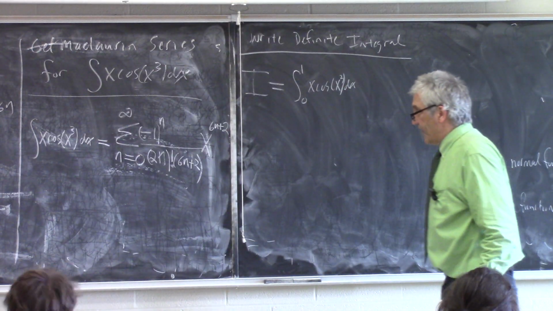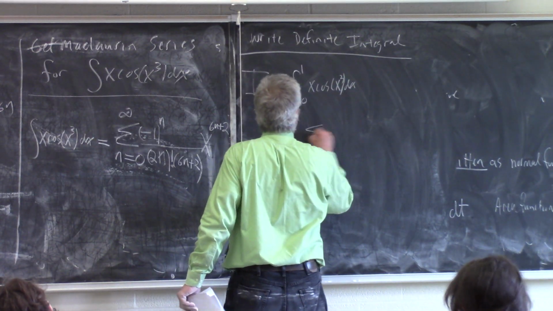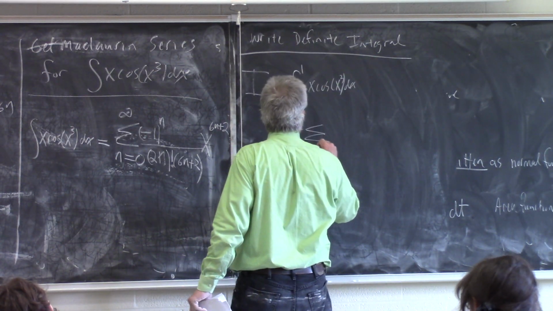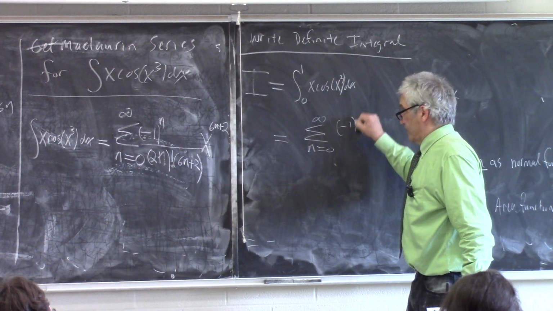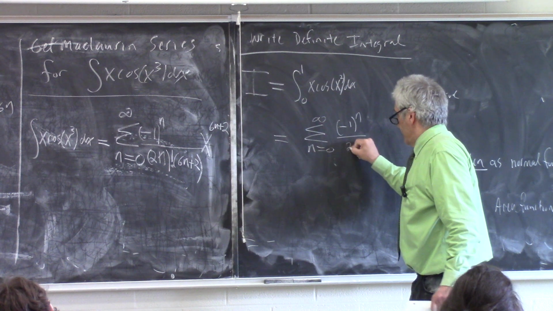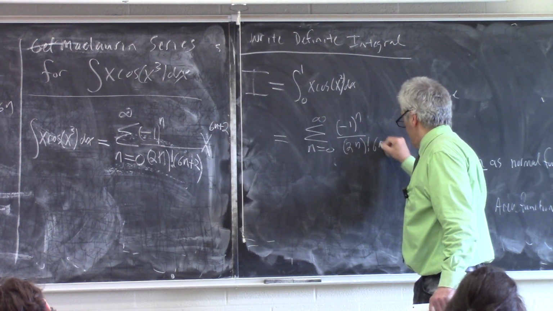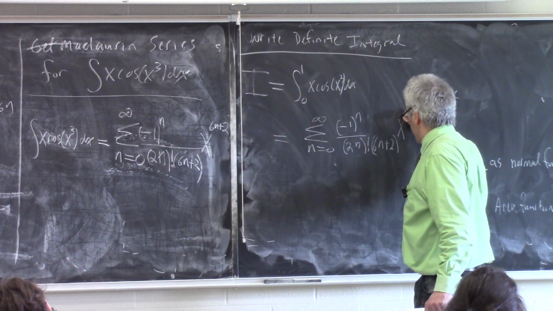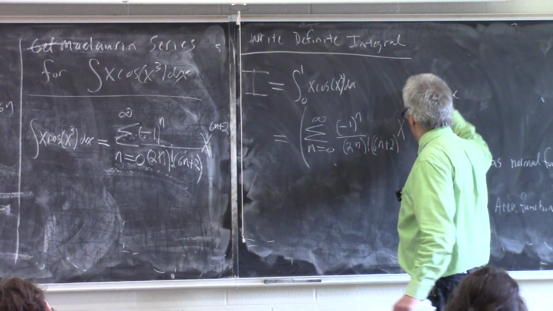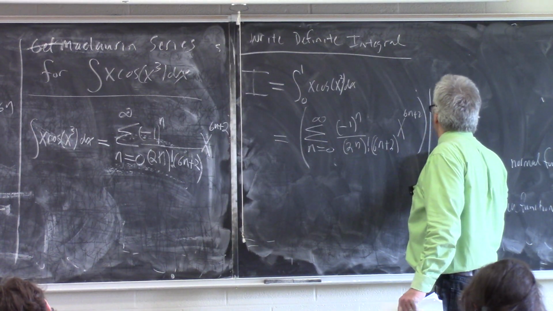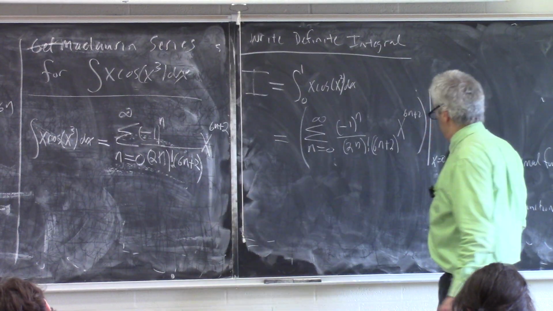But that means I have to take the indefinite integral, the sum for n equals 0 to infinity of (-1)^n over (2n)! times (6n+2), and x to the 6n plus 2. All of that I think of as a function, and I have to evaluate it from x equals 0 to x equals 1.